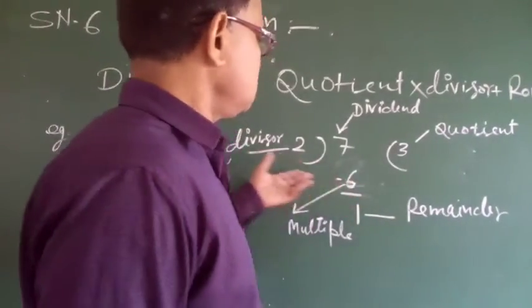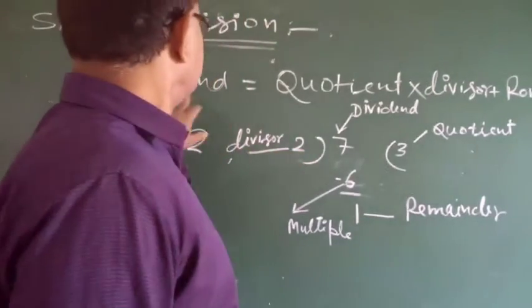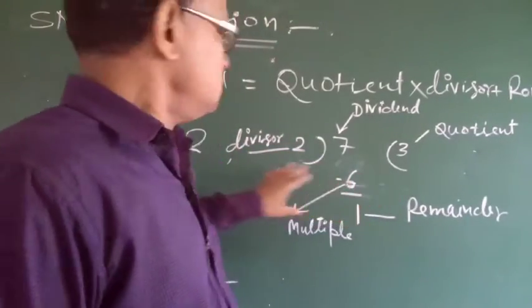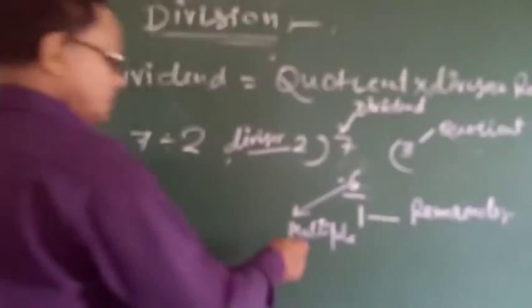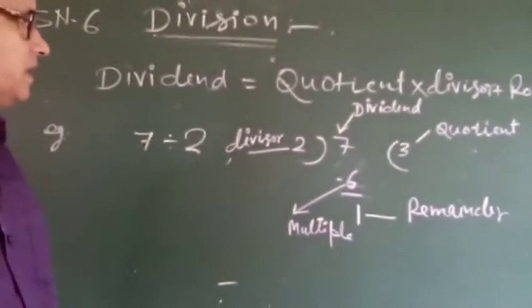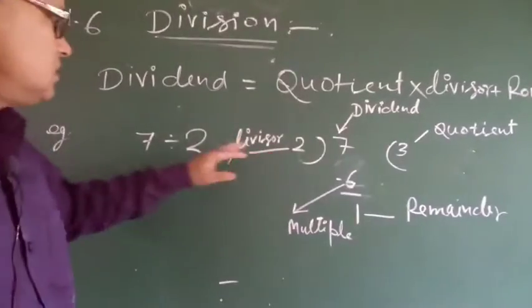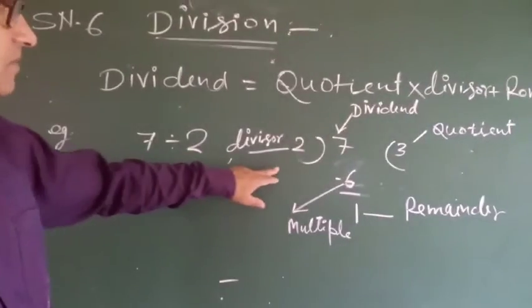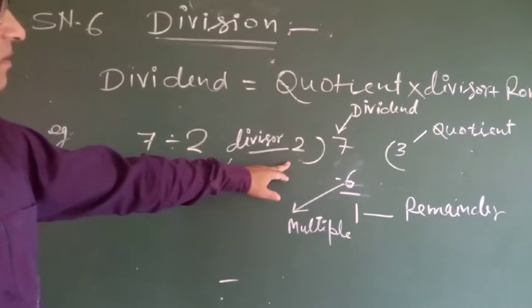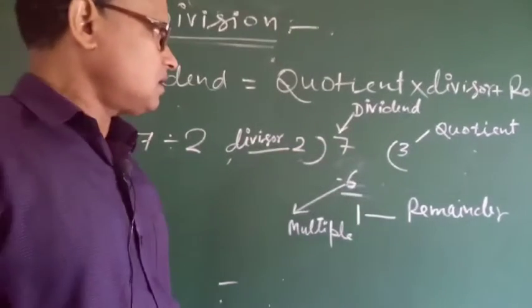These are the parts of the division. Okay. On this basis, we check whether this division is correct or not.